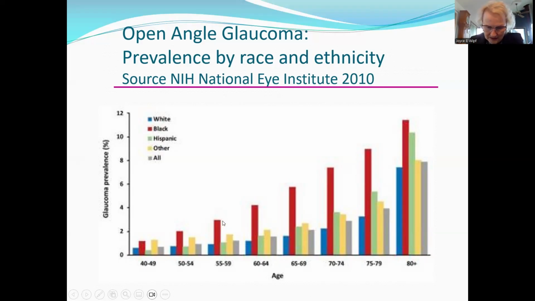And you see by the time people get to age 50, there's been an increased prevalence, particularly in Black individuals and somewhat in Hispanic, especially as patients get older.